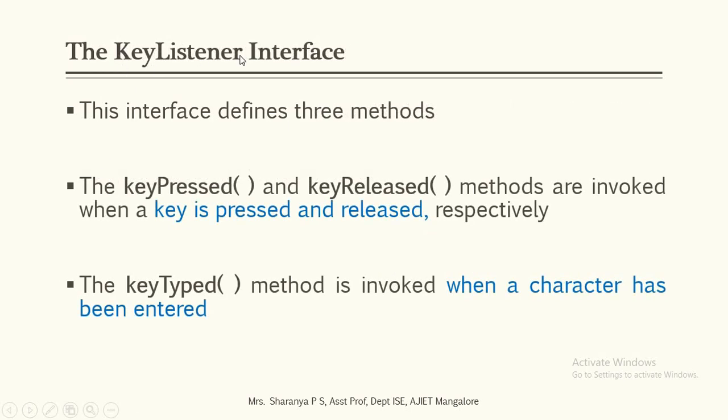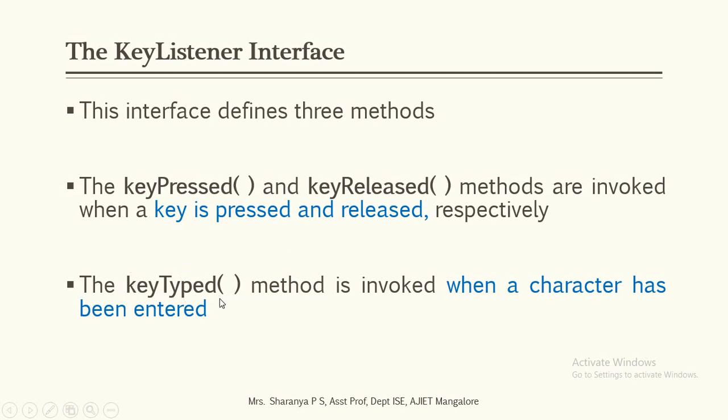Next, key listener interface. Here the key listener interface is responsible for managing the events that are generated by key pressed, key released or key typed. The methods defined under this key listener interface to handle those events are keyPressed and keyReleased. These are invoked when the key is pressed and released.